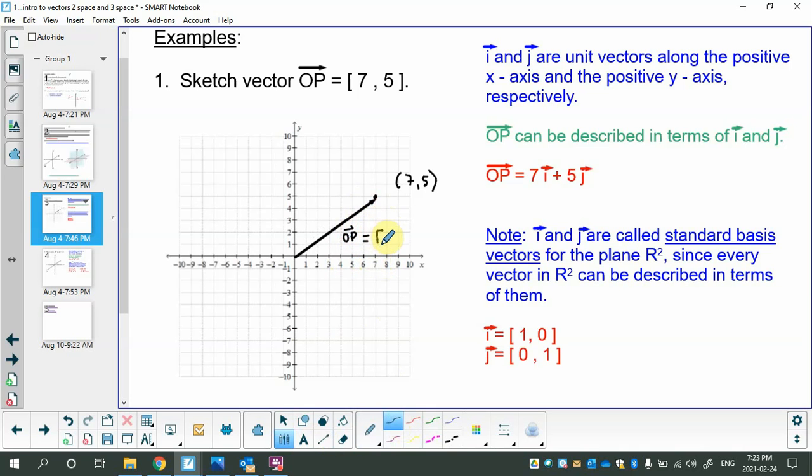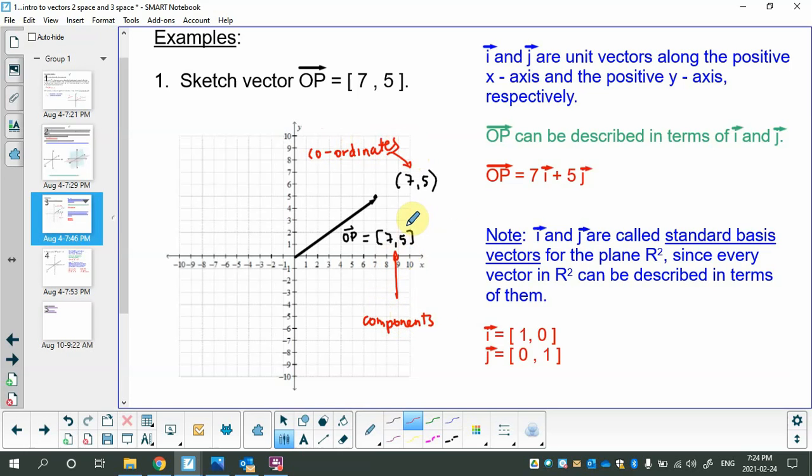And as soon as I call it OP, it no longer has round brackets, it has square brackets, but it's got the same numbers. Now, those ones are called coordinates, and these ones are called components.